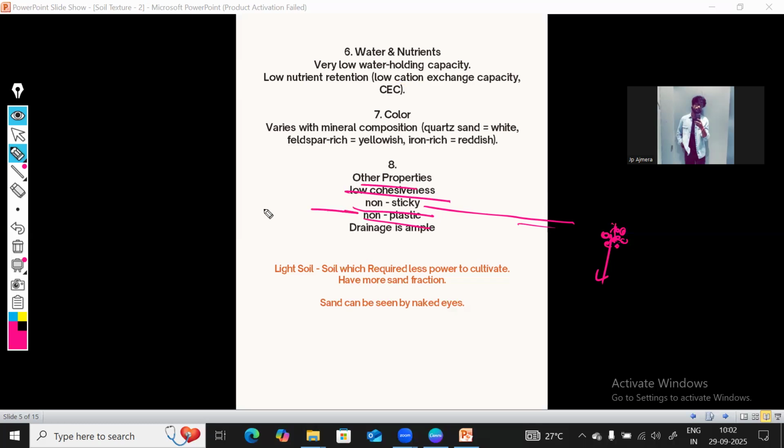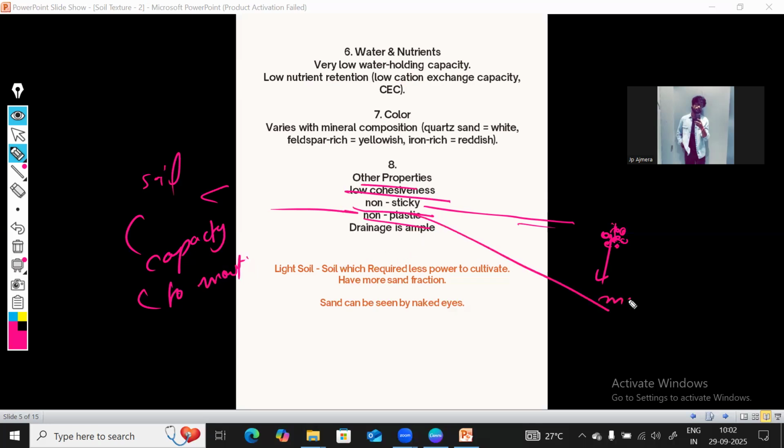What is plasticity? It is the capacity of soil to mold. We cannot mold sand into a desirable shape because there is no water retention. We can make soil with clay, but we cannot do the same with sand.